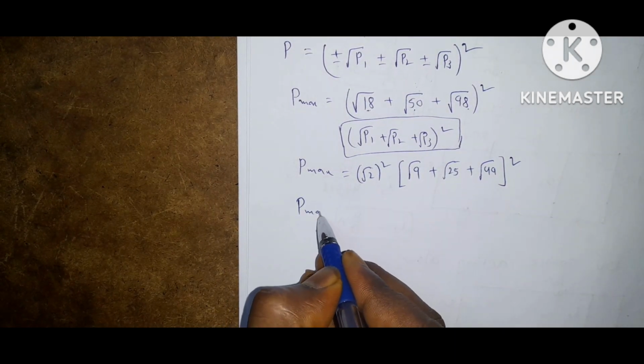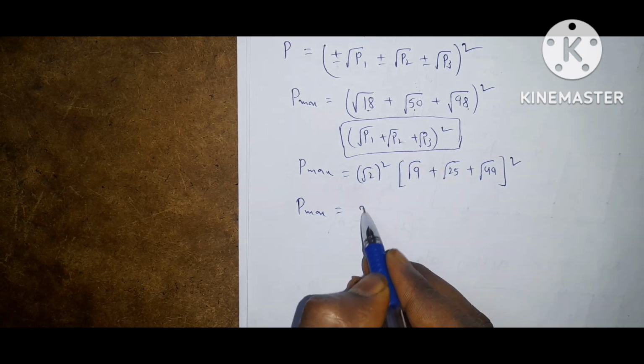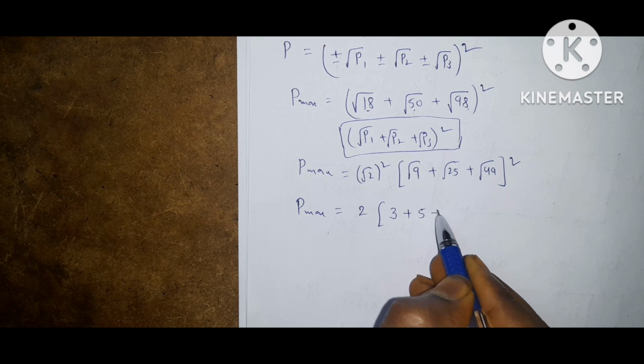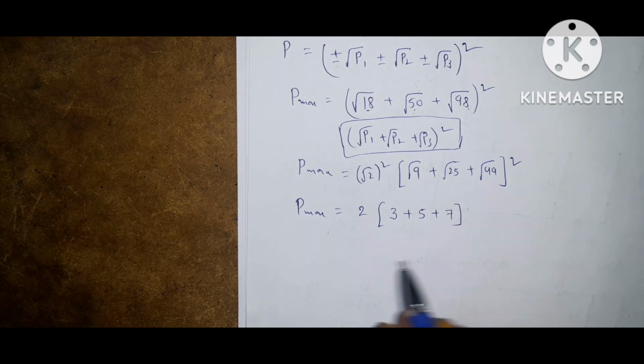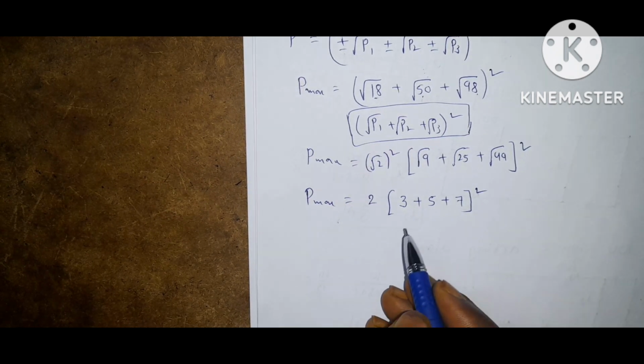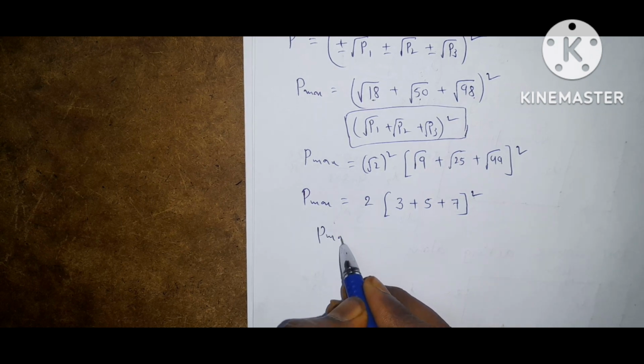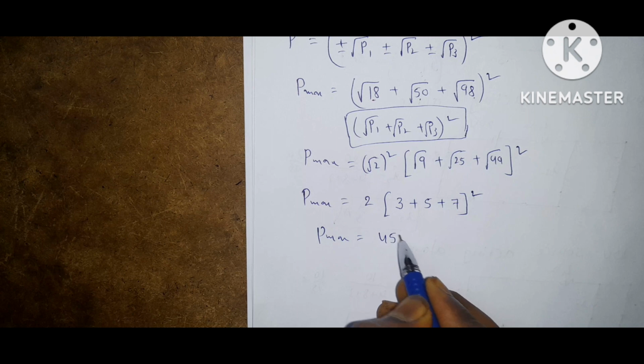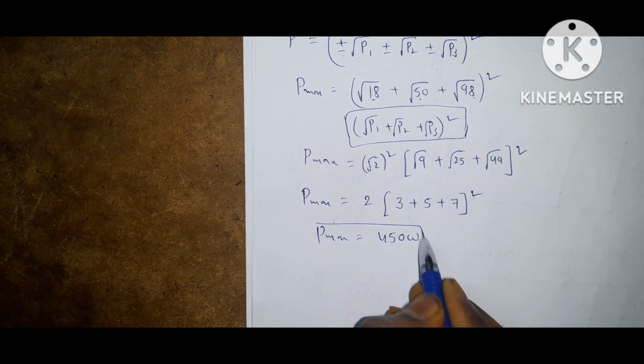So P maximum is 2 into 3 plus 5 plus 7 whole square. If you solve this, you will get 450 watts.